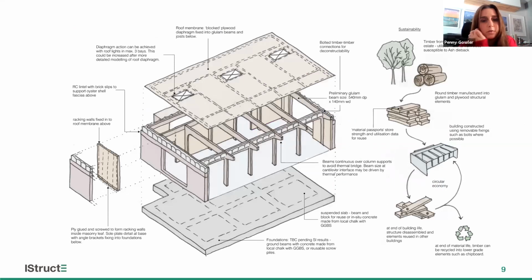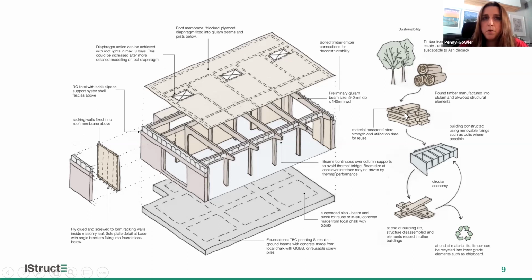So here's an example I just wanted to show you. It's a timber pavilion building. It's a new build that we're working on, where we've managed to source materials locally and designed the building to be fully demountable. So it's got a strong sustainability story, which you can see here on the right of the sketch. Timber from ash trees locally on the estate, which are susceptible to ash dieback, and so would probably have to be cut down anyway, are being manufactured into glulam and plywood structural elements.